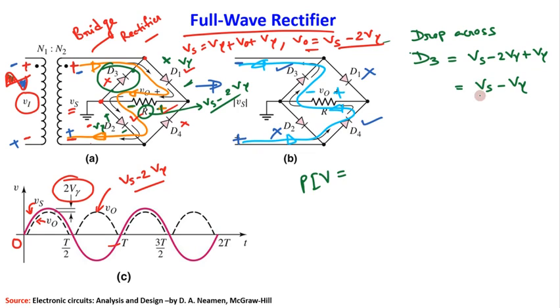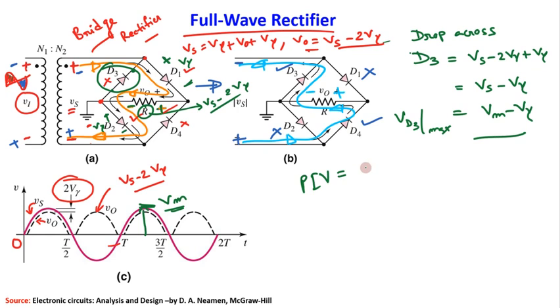And this Vs is a time varying signal, right? And what is the maximum of this Vs? Let us say the maximum of this Vs is Vm, right? So if this is Vm, we can say that Vd3 max will become Vm minus V gamma.